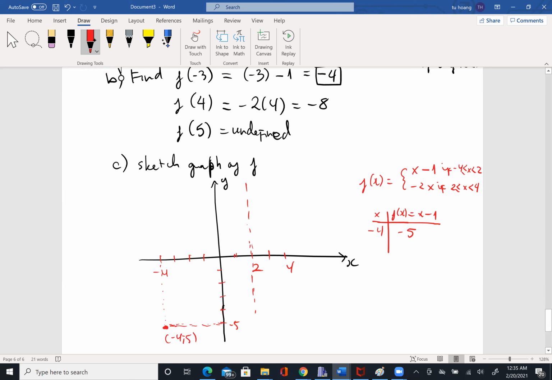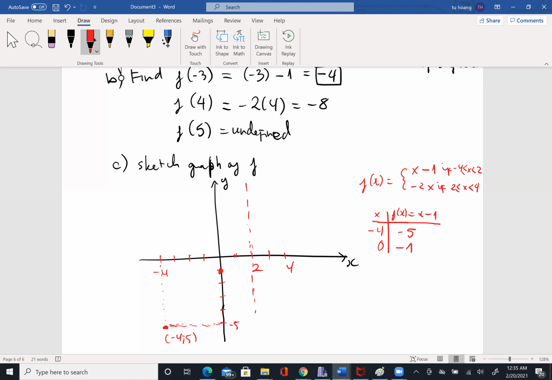Okay. What else should you have? Maybe you can have one more. Let's say 0. For x equals 0, you have y gonna be negative 1. So that should also be the y-intercept. So here is 0 and negative 1.